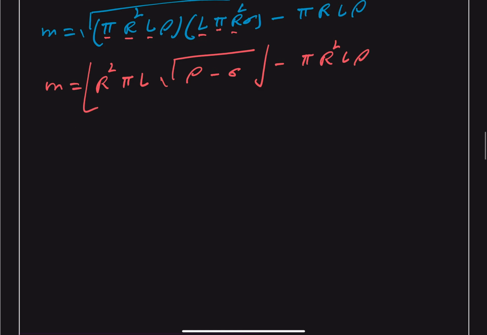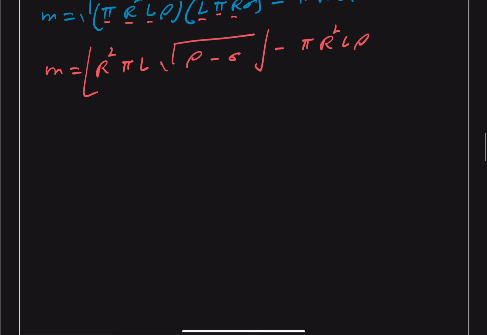Now it is a simple manipulation. We can take pi r square L common throughout, and we are left with rho minus sigma inside, and minus rho.